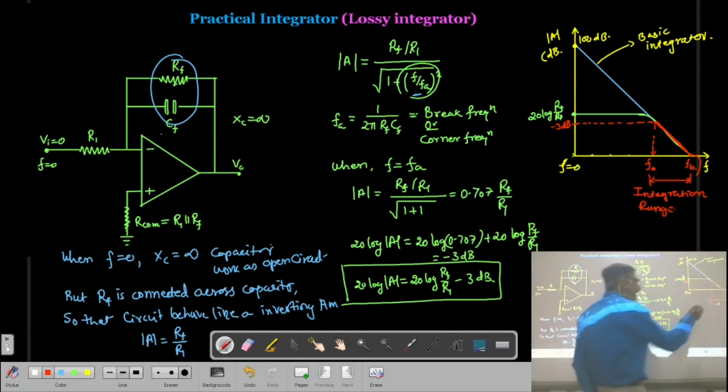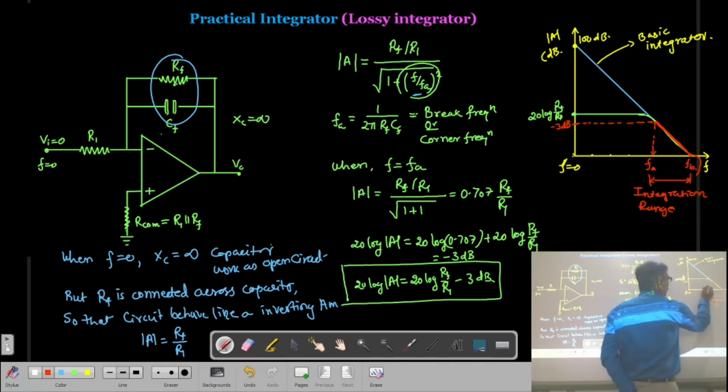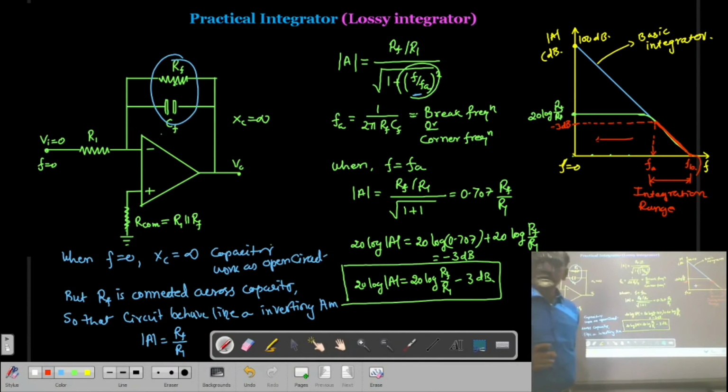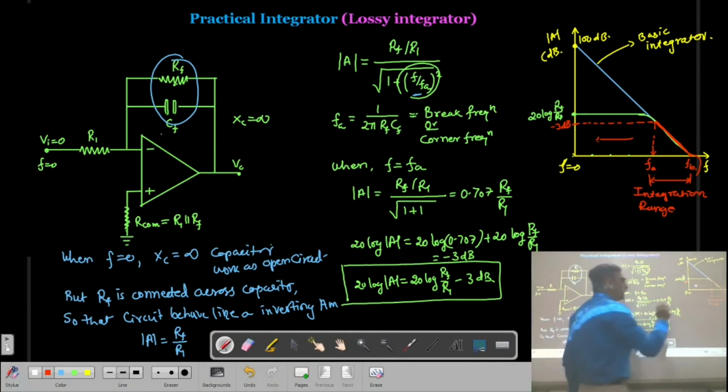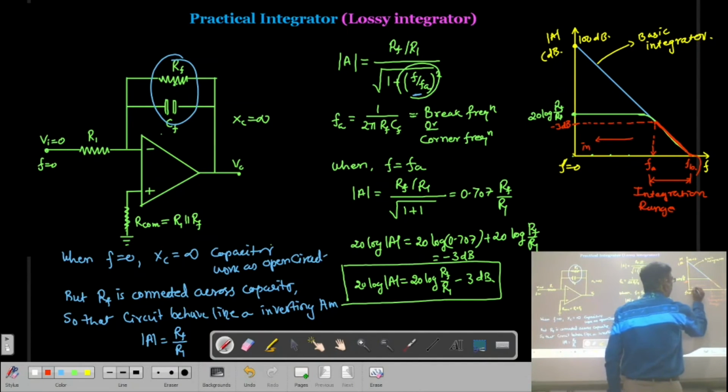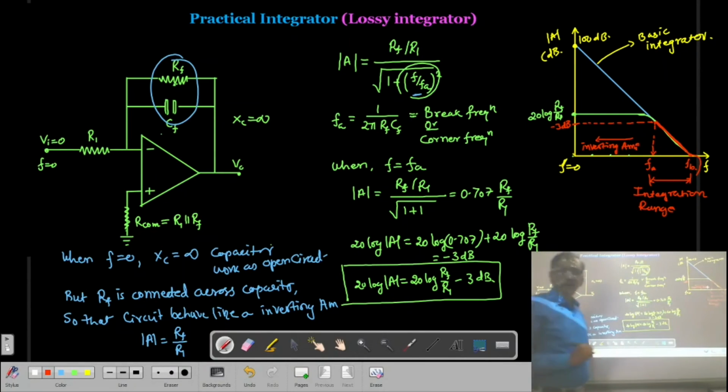And for less than Fa, if the frequency is less than Fa, simply your integrator will work as an inverting amplifier.